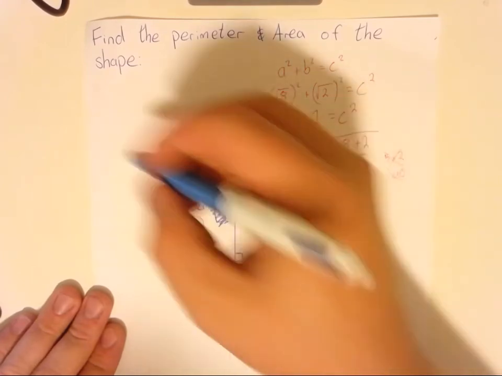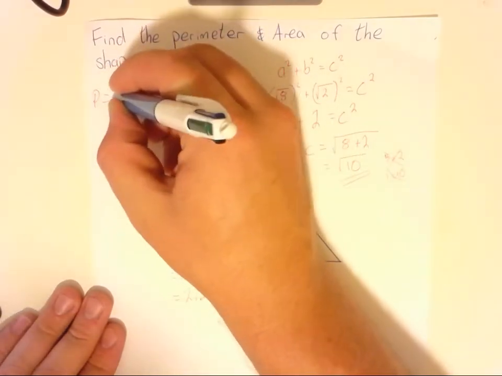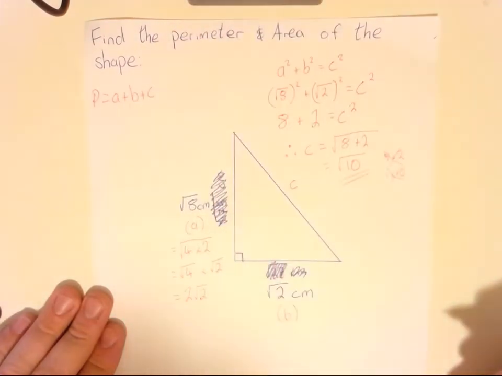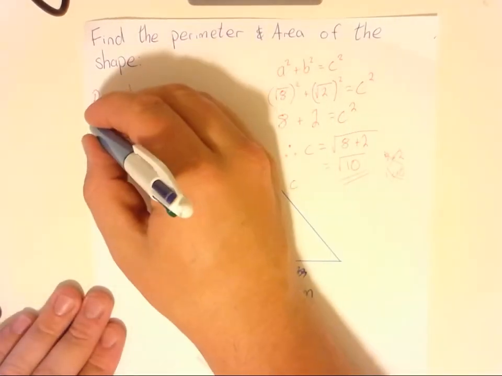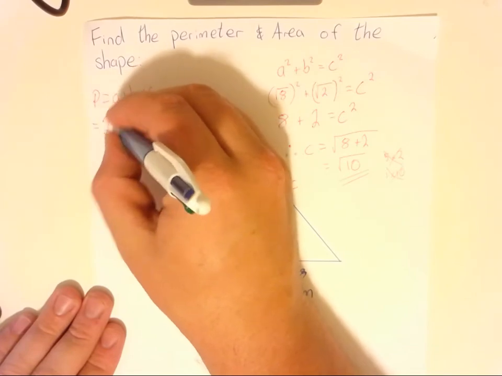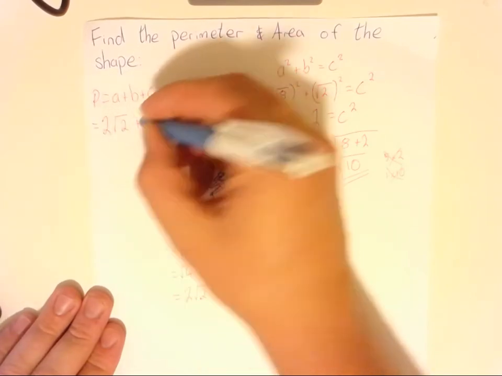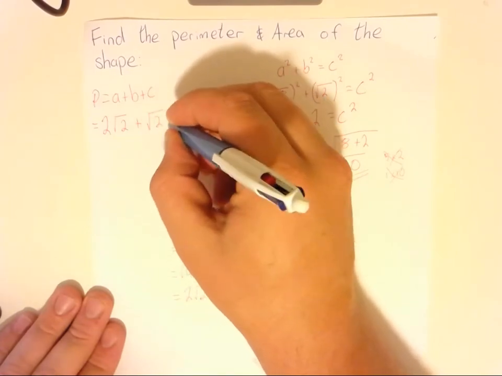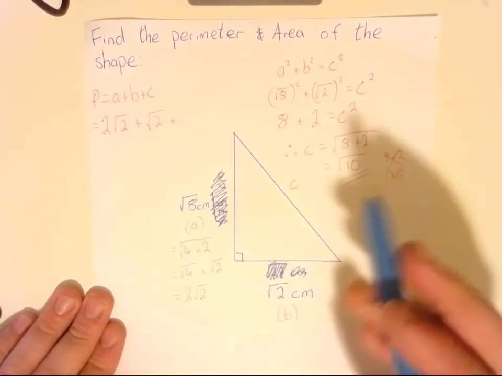So then my perimeter is just going to equal A plus B plus C. So I get 2 root 2 plus B, which is root 2, plus C, which is root 10.